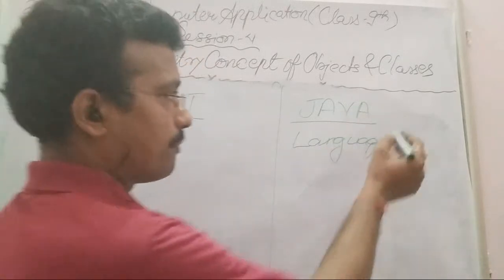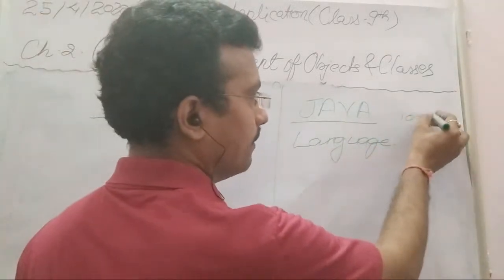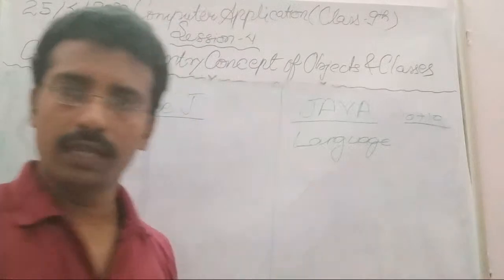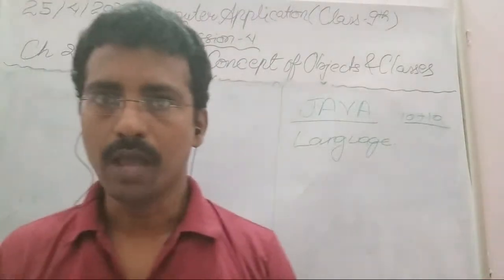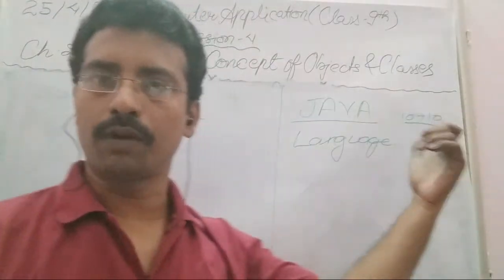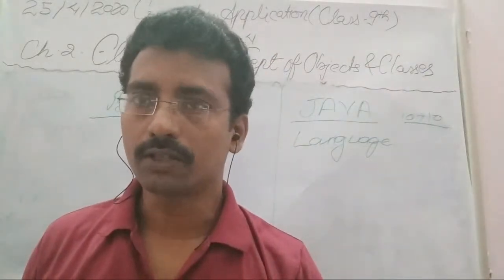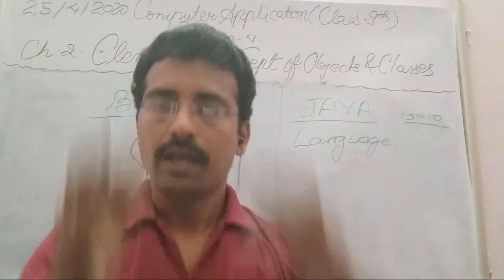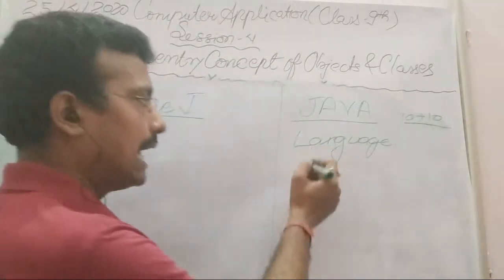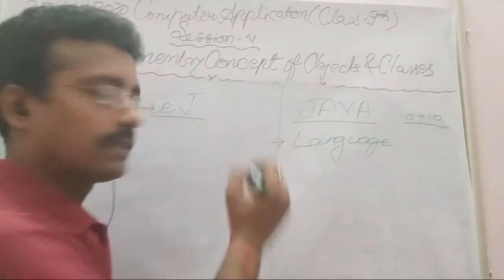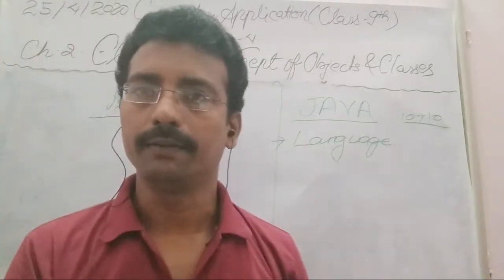When you write a Java program for 10 plus 10, don't you think this is done by the CPU, and the CPU directly gets this program and the result is given to you? Yes. So Java is a language, it is under system software.